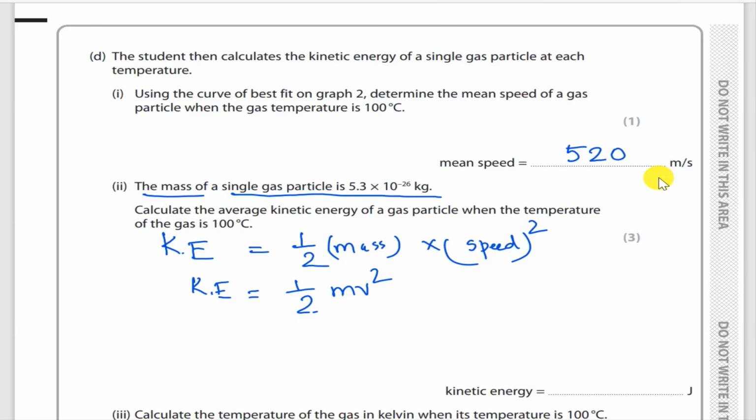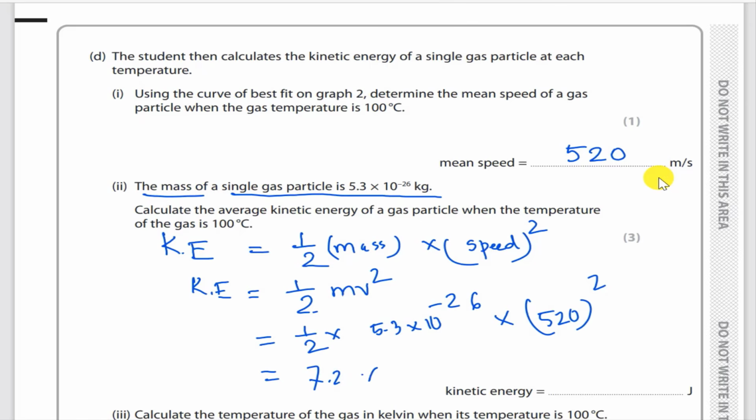So half times 5.3 times 10 to the power minus 26 kg times 520 meters per second squared. Calculating this, about 7.2 times 10 to the power minus 21 joule.